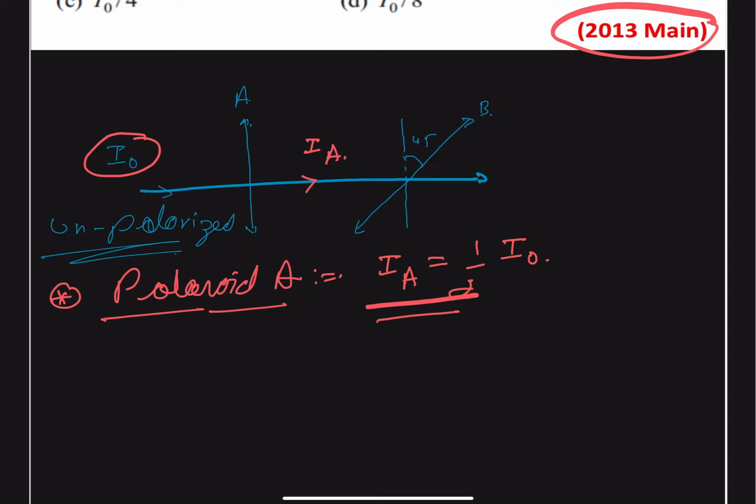Then this IA is going to pass through polaroid B, and let us suppose the intensity is given as IB. Polaroid B is going to give an output IB equal to IA cos square theta, where theta in this case is 45 degree.